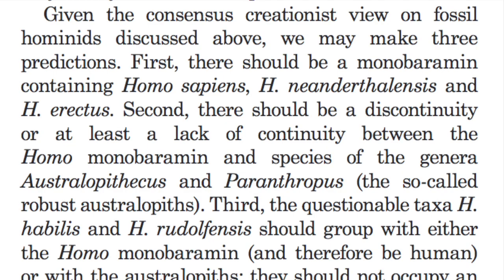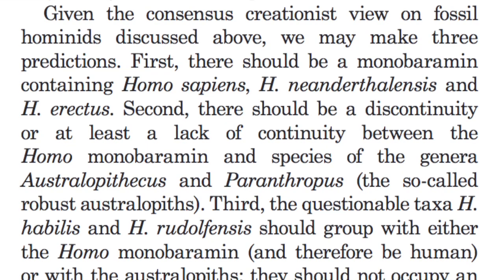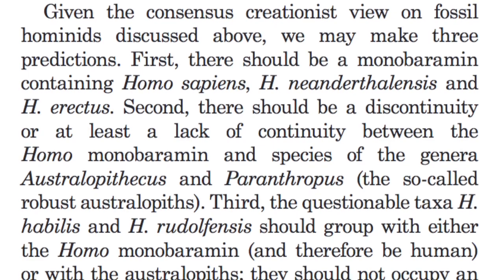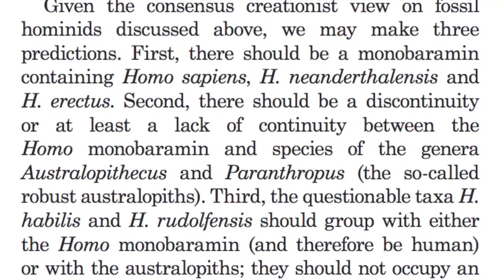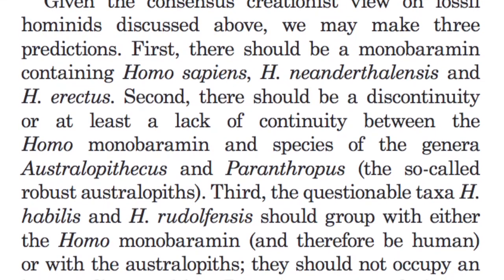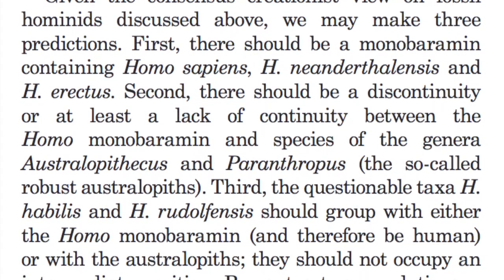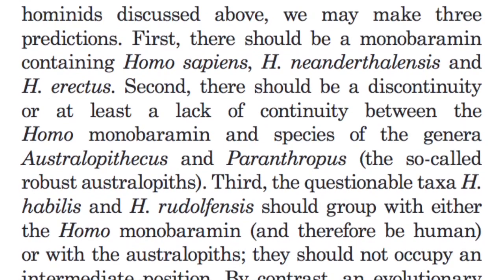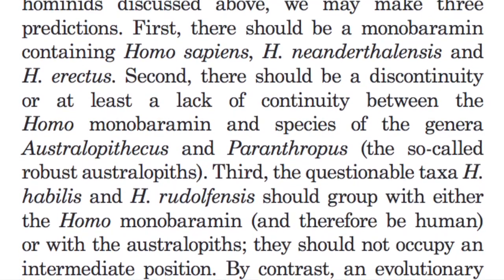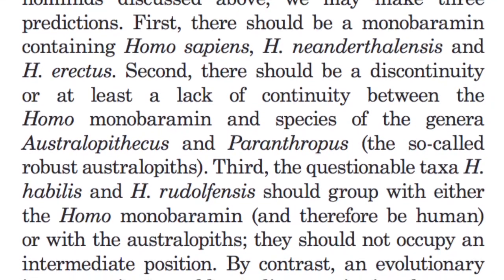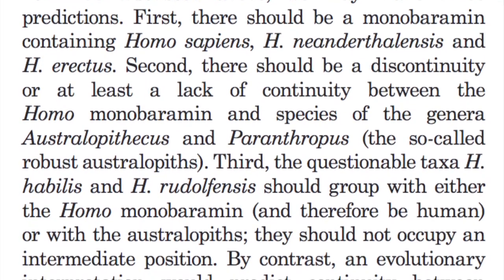And he states, given the consensus creationist view of fossil hominids discussed above, we may make 3 predictions. First, there should be a monobaramin containing Homo sapiens, Neanderthal, and Erectus. Second, there should be a discontinuity, or at least a lack of continuity, between Homo monobaramins and species of the genera Australopithecus and Paranthropus.